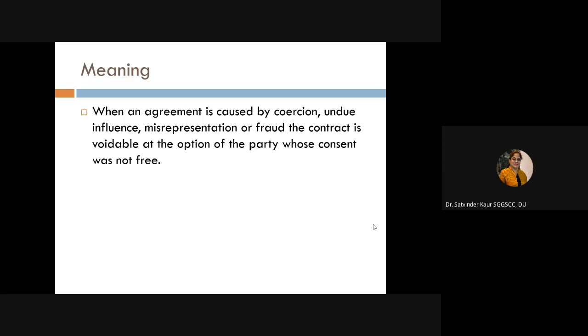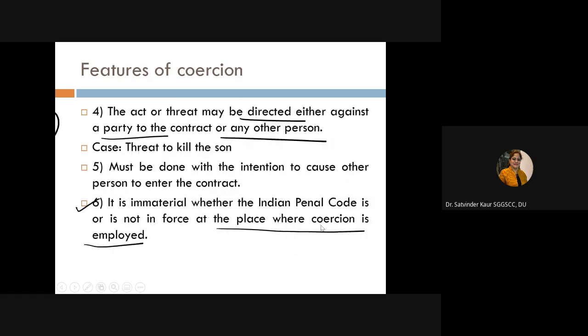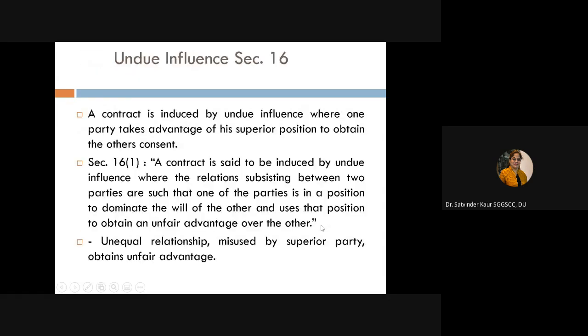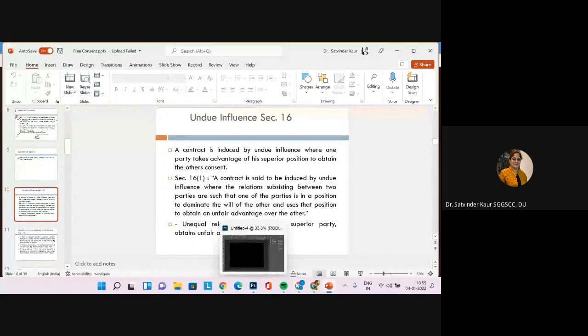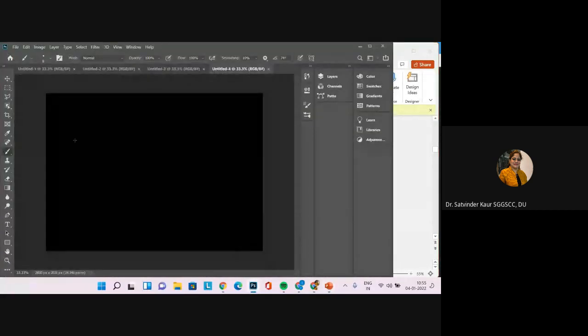Now let's move to the second essential, that is called undue influence. When we talk about undue influence, my friend, it says that when a person is in a position to affect the will of the other party. So in that situation, what happens?